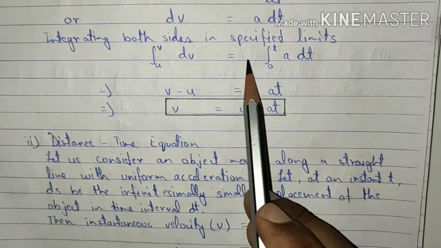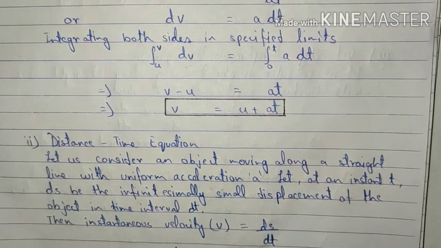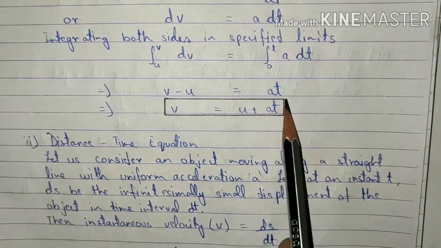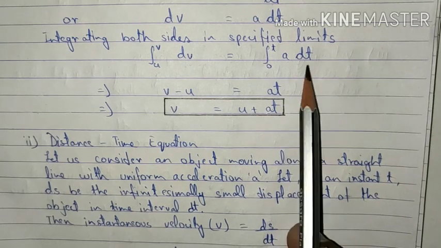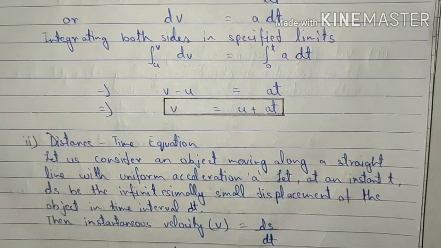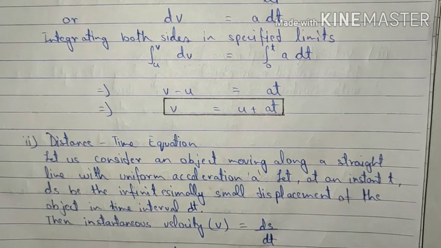So a can be taken outside the integration sign, that is, we will integrate dt, and the integration of dt is t. So finally what do we get? At, since we were integrating it between the limits 0 to t, so we got at over here. Rearranging this, we can write it as v is equal to u plus at, which gives us our first equation of motion.